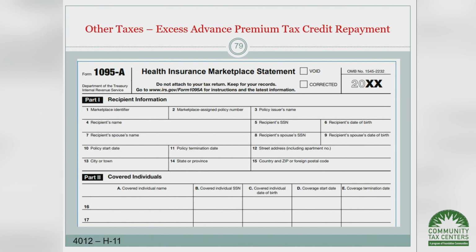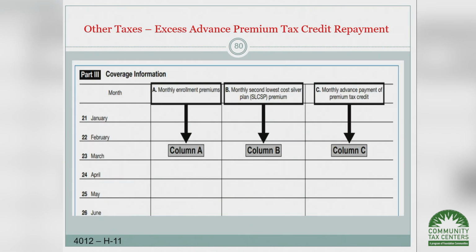It'll get confusing very quickly, but this is just the basic information. We don't have to input any of this information. The TaxSlayer software will ask you if all the individuals in the household were covered on this, and if it's yes, it's yes. If it's no, it's no. We don't have to put in policy dates, terminations, or anything like that. But what we will have to do is this section, and you better hope that all these numbers align.